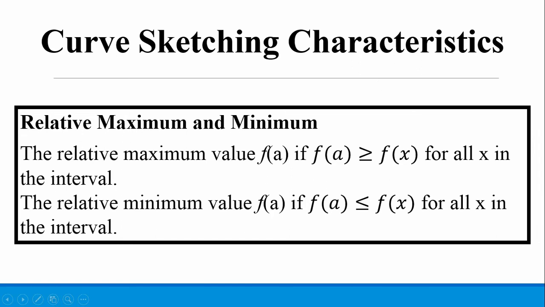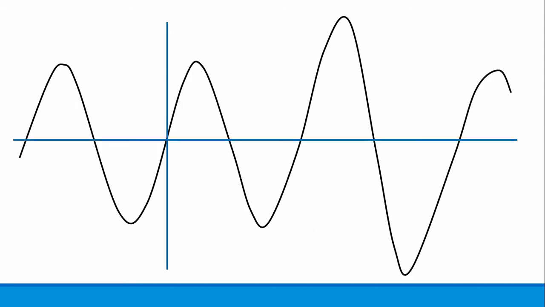I will show you what relative minimum and relative maximum mean. Suppose that you have a graph that looks like this one. The relative maximum and relative minimum are here.